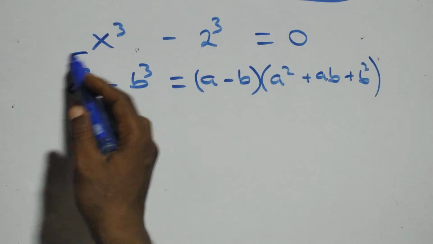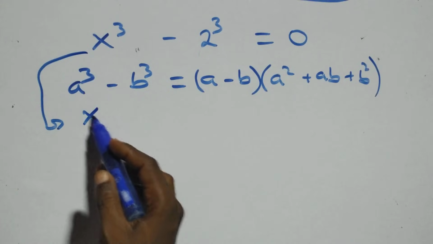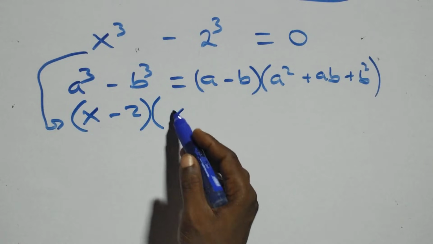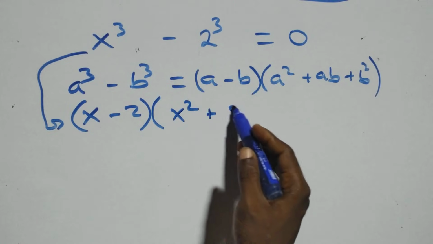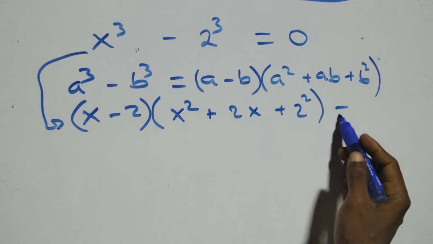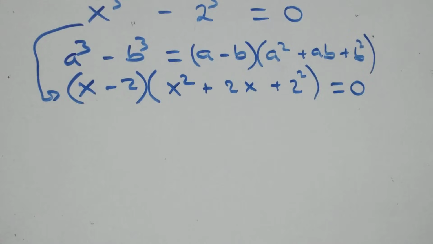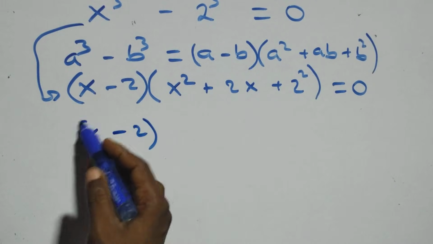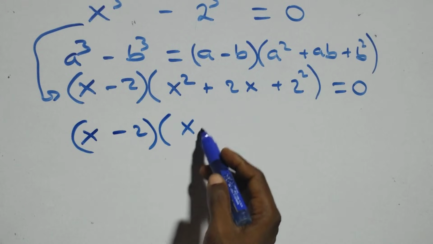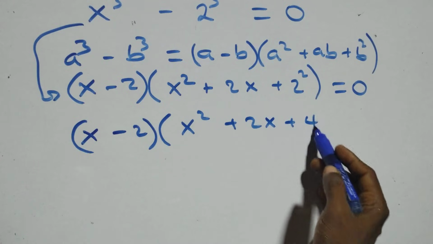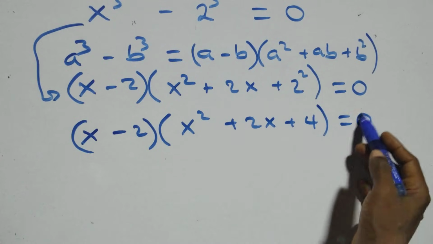That is, here, this becomes x minus 2 in bracket, open bracket x square plus 2x plus 2 square, close bracket, equals 0 here. That is, here we have x minus 2 into bracket x square plus 2x plus 4, close bracket, equals 0 here.